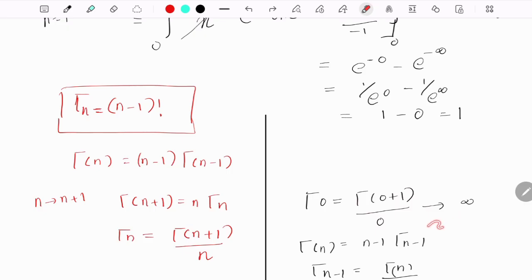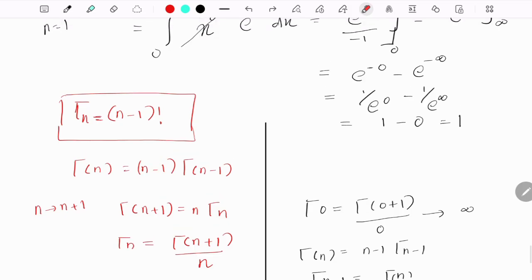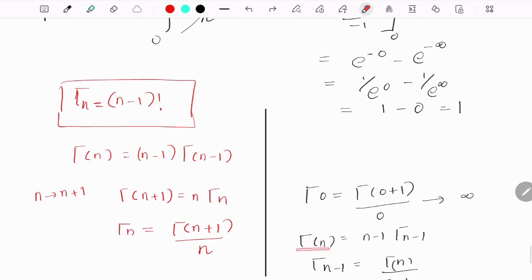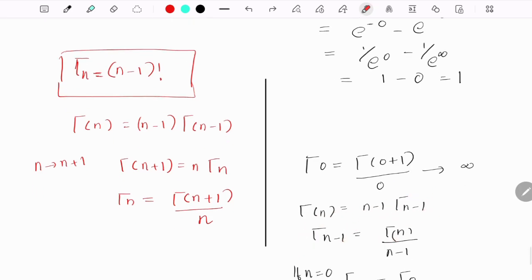Okay, and we know gamma of n equal to n minus 1 into gamma of n minus 1, and from this gamma of n minus 1 equal to gamma of n divided by n minus 1. Okay, so from this equation, if n equal to 0, what is the value of this term?